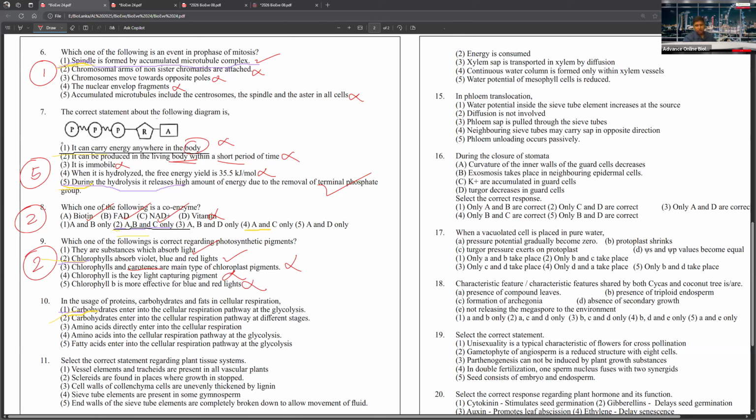First is also correct, but the only thing is the word visible light is not given. So what is the non-visible light? What are the other lights available other than visible light?